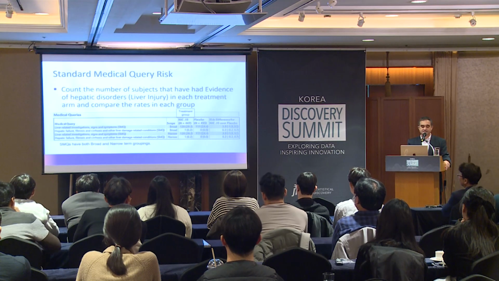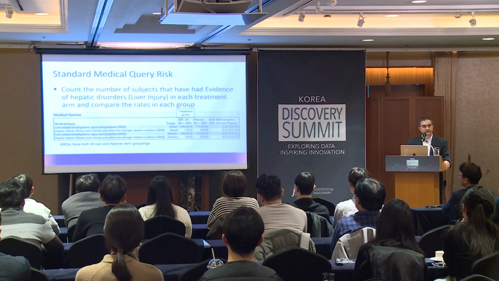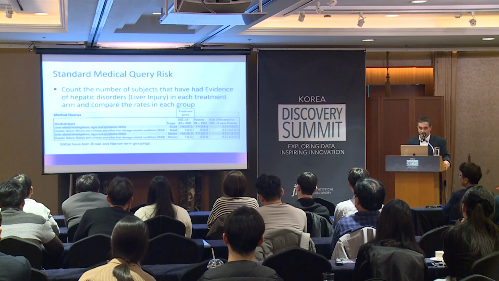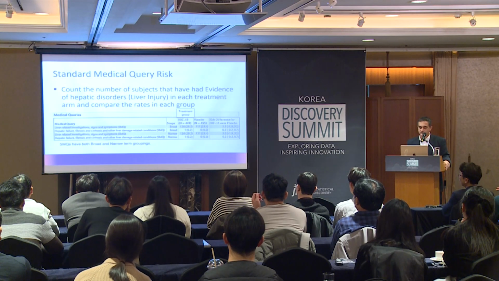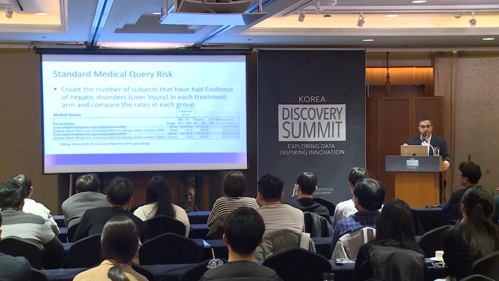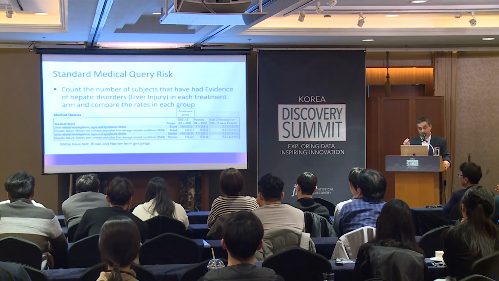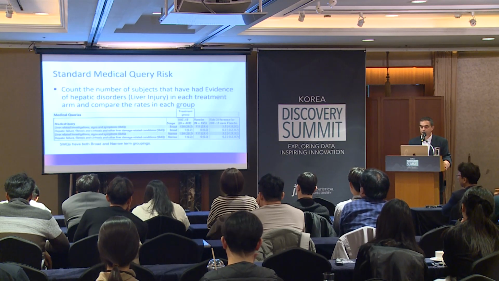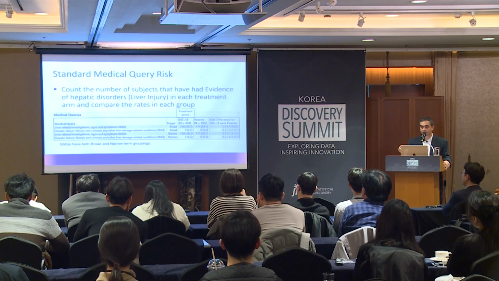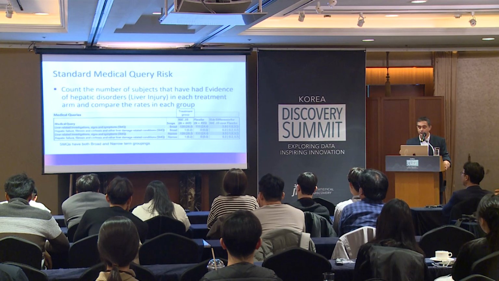So you can see in this example, there's one called liver-related investigations, signs and symptoms. And for the broad query, there were 126 subjects in the treatment group that had one that fit into that category. There were 111 subjects in the placebo group, and their rates are calculated, the percents are calculated beside that.